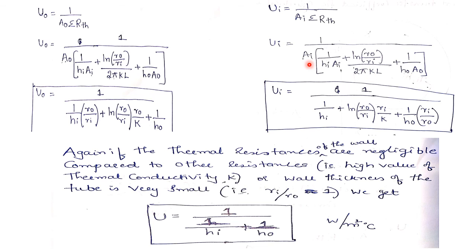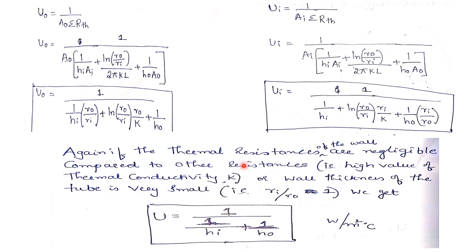So here Ai divided by 2 pi KL, where the 2 pi L term gets cancelled in the numerator and the denominator. So my final term remaining will be log of R0 by Ri into Ri by K plus 1 divided by H0 into Ri by R0 by doing the simplification of Ai divided by A0. So this is my overall heat transfer coefficient based on the inner surface of the cylinder.